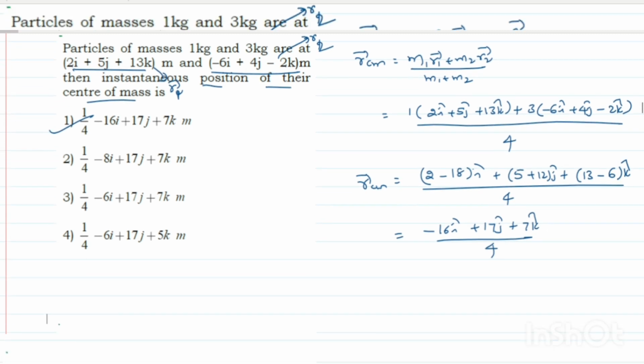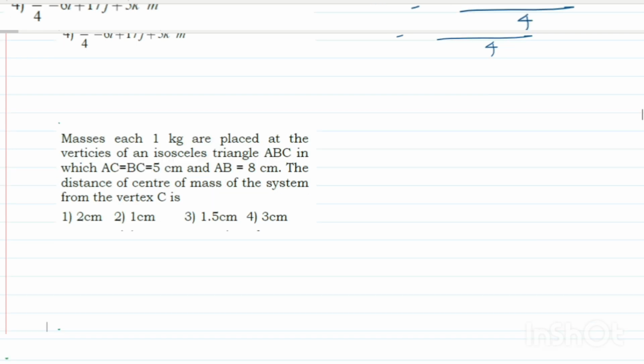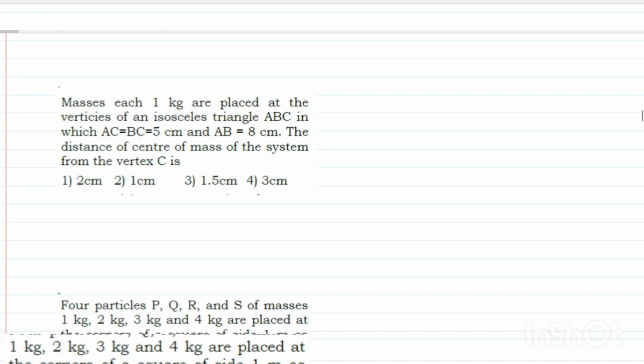The next question says masses of 1 kg each are placed at the vertices of an isosceles triangle ABC, in which AC equals BC, which is given as 5 cm, and AB is given as 8 cm.